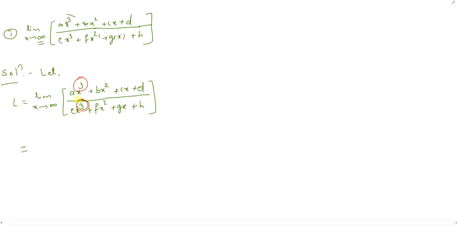Now after identifying this highest power of x, we have to take it outside the bracket as a common term, or in other words we can say divide the numerator and denominator by this x cube. You can take it either way.